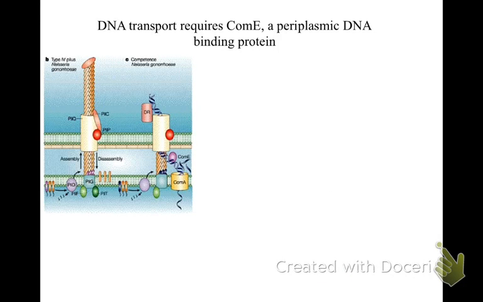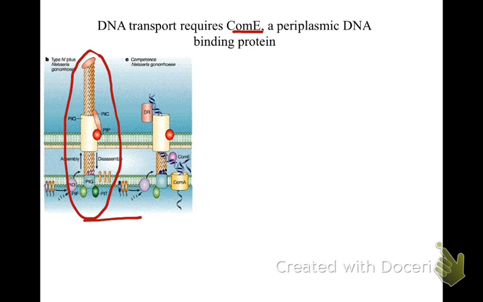I want to very briefly describe two more proteins that are unique to the gram-negative organisms in transformation, and one is COM-E. Over here is a figure from a model from Neisseria, where they were comparing the pilus assembly structure.